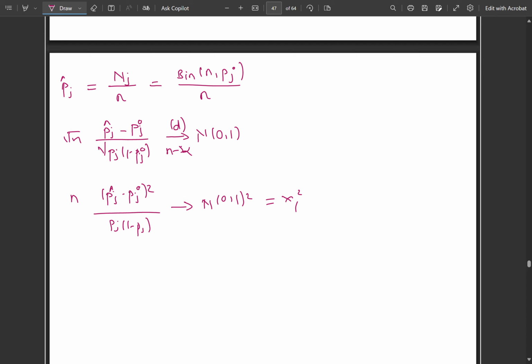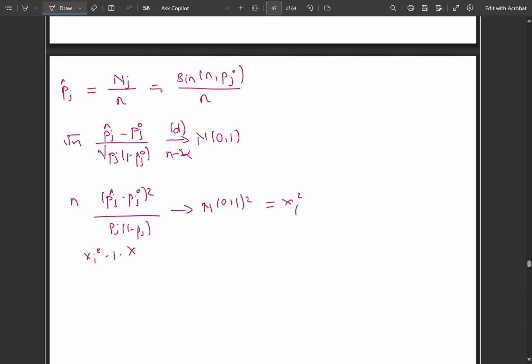Now if you sum all these chi-squares, it would give us k degrees of freedom, right? Well, this is the wrong answer, because what we need is k minus 1 degrees of freedom, not k degrees of freedom.